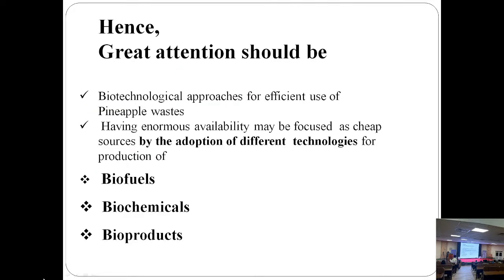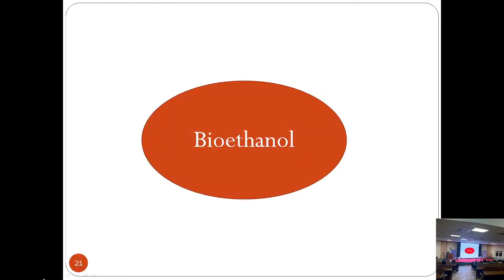From these slides, the huge scope of converting pineapple to biofuels, biochemicals, and bioproducts is clearly visible, and such compounds can be obtained with the help of biotechnological tools. What are these tools?